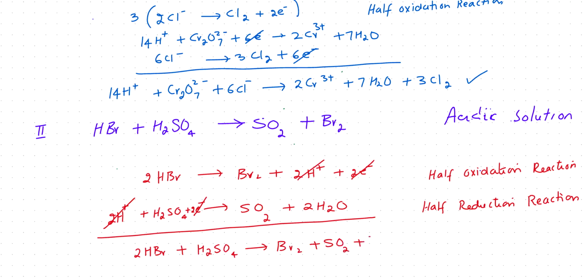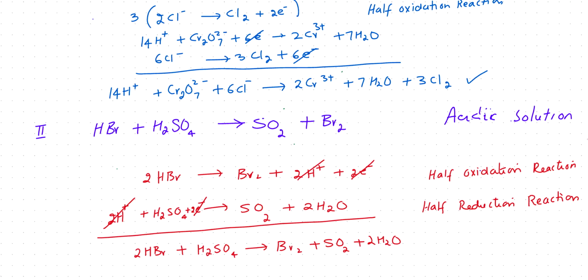So this equation is balanced. There are 4 hydrogens, 1 sulfur, 2 bromine, and 4 oxygens, 4 oxygens. So this equation is balanced.